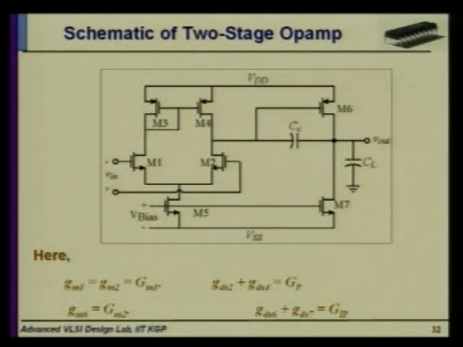So current flowing through M1 and M3 is basically I5 by 2 or ITEL by 2, and the current flowing through M2 and M4 is also I5 by 2. Now, the basic requirement for the design of any circuit is transistor sizing: we need to find the W by L aspect ratio of every transistor, from M1 to M7.